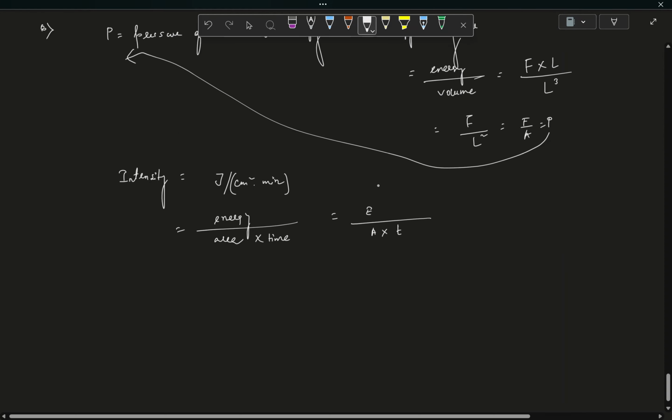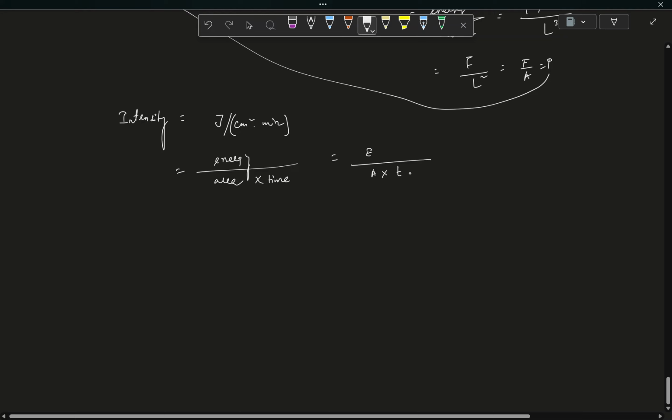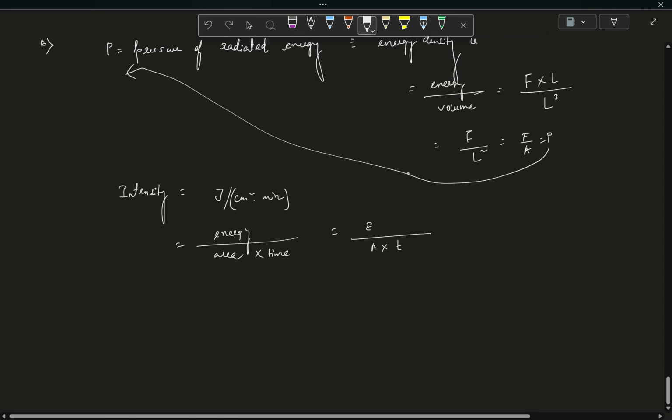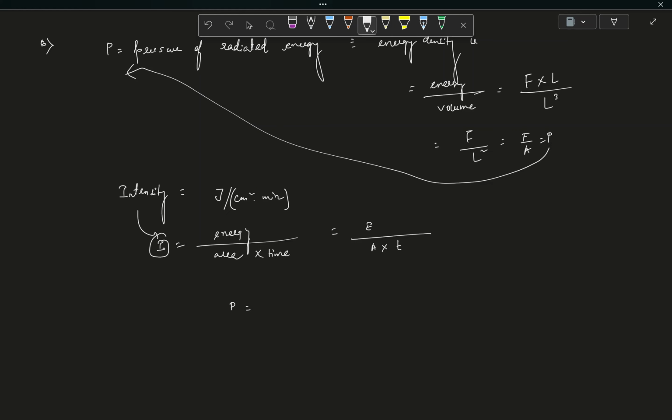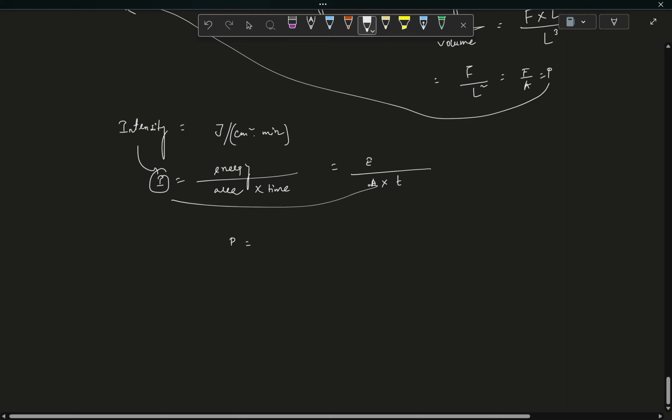Let's say intensity we define as I. I is not current, I is the intensity here.